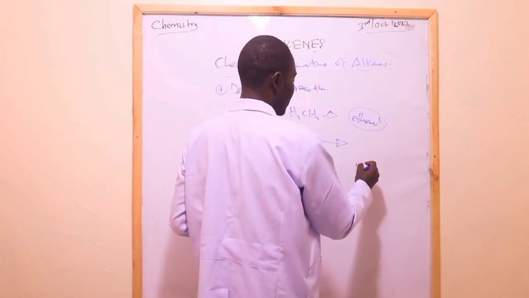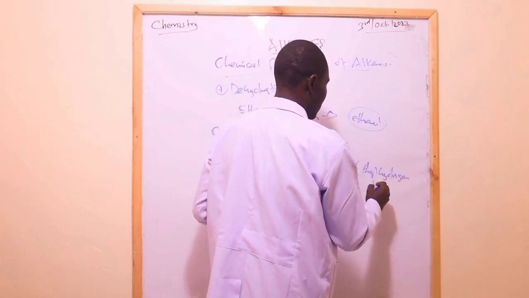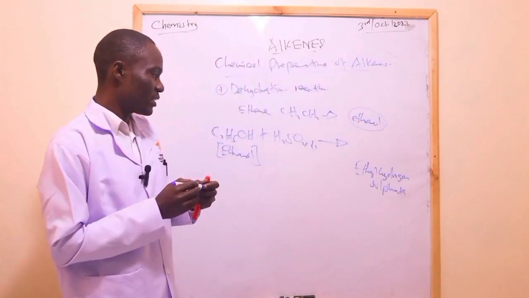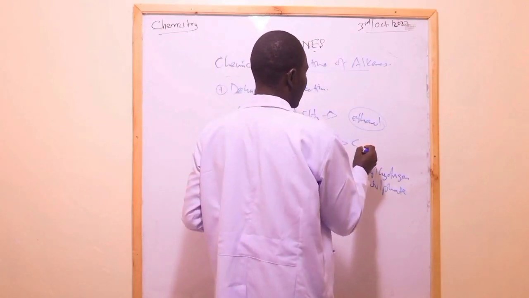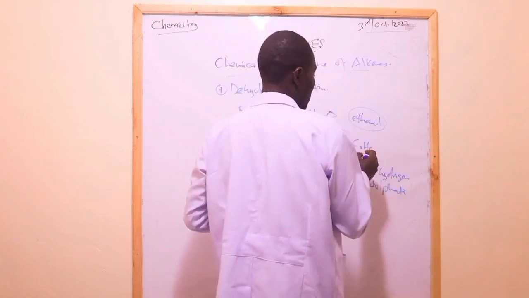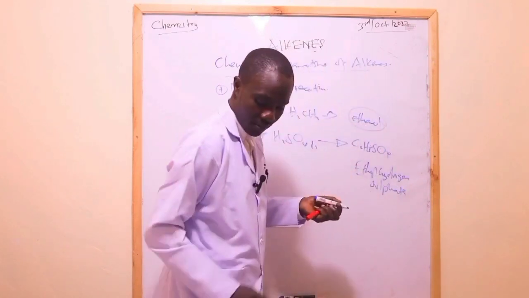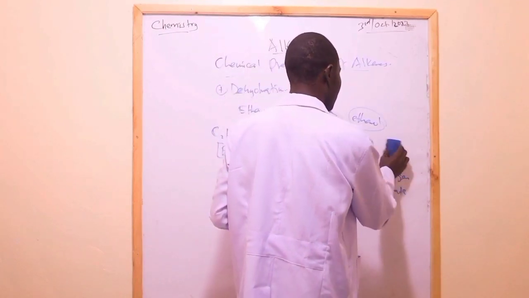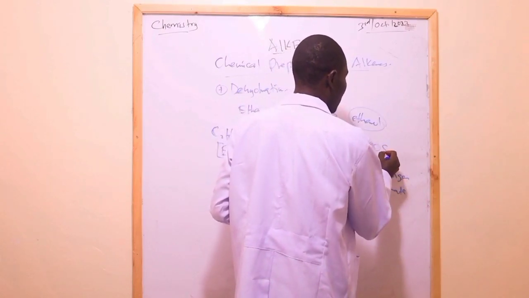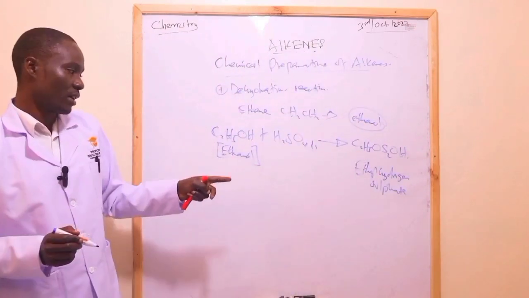Ethyl hydrogen sulfate is chemically written this way as C2H5OSO2OH. This is the chemical formula of ethyl hydrogen sulfate.